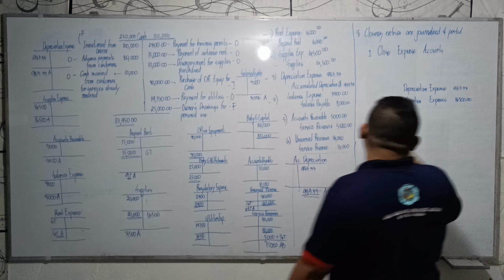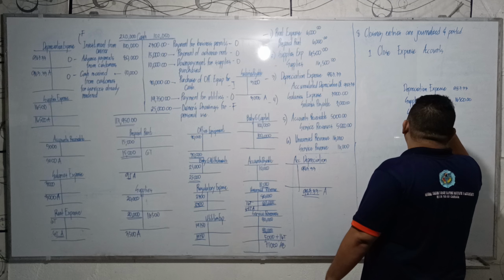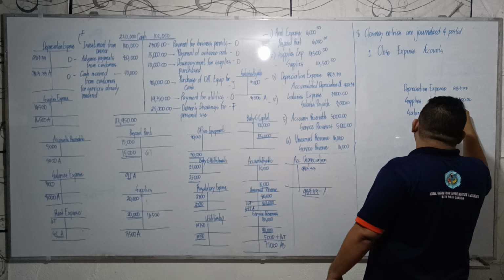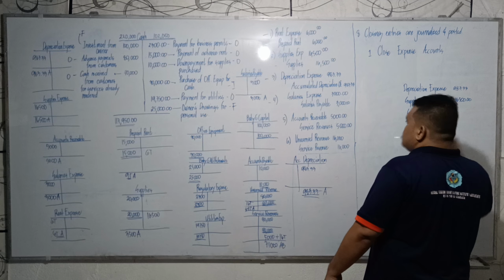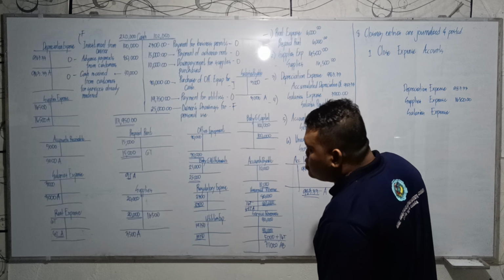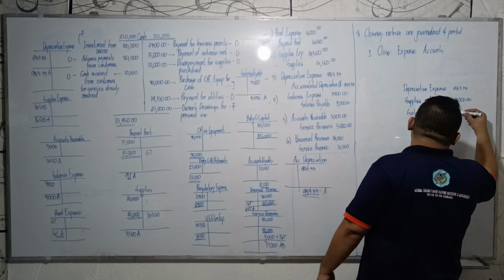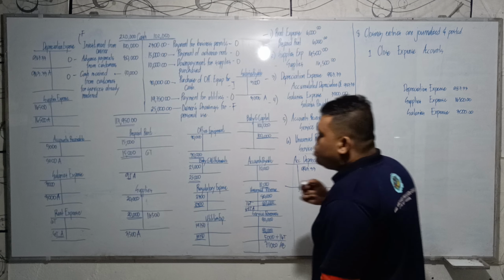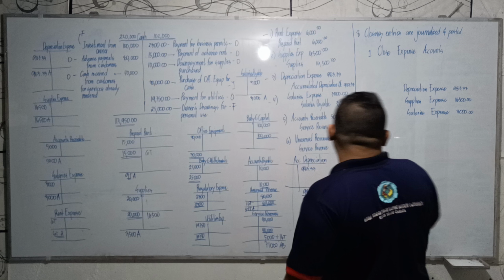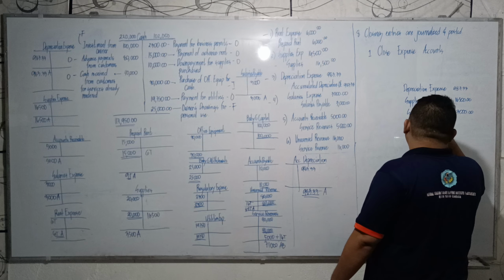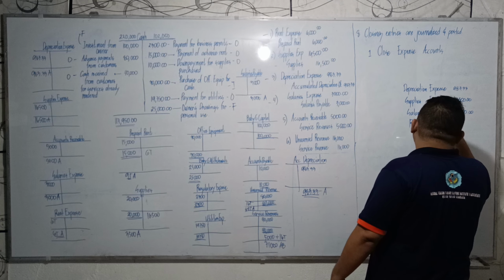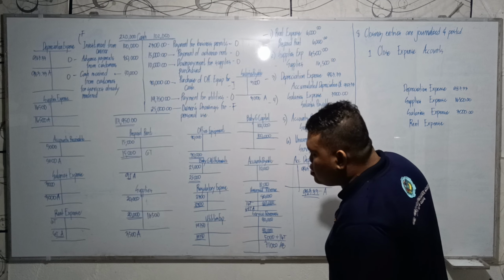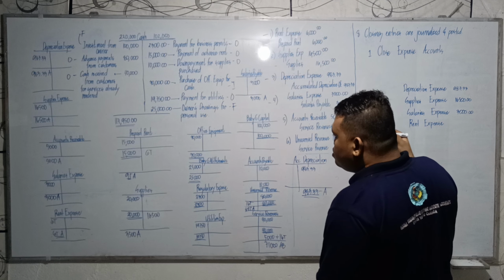And then we have salaries expense. How much is the salaries expense? We have 3,000. And we have the rent expense. How much is the rent expense? We have 6,000.